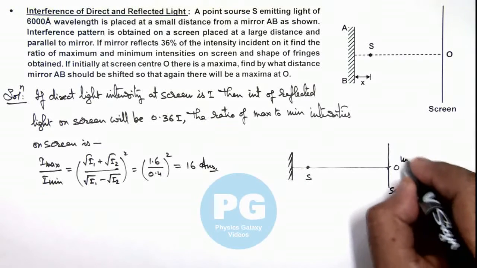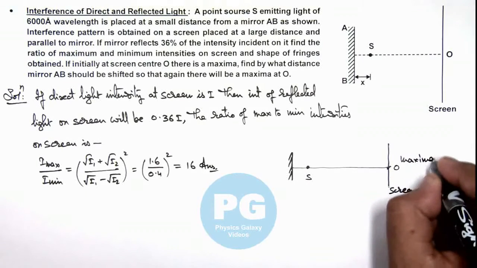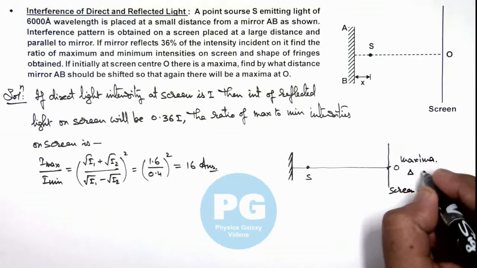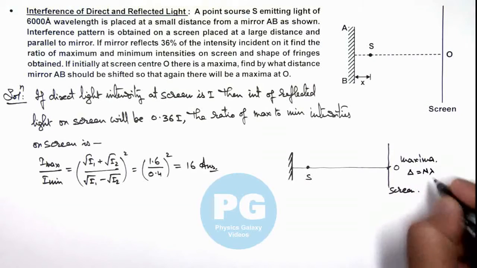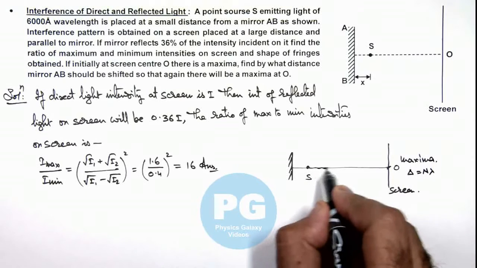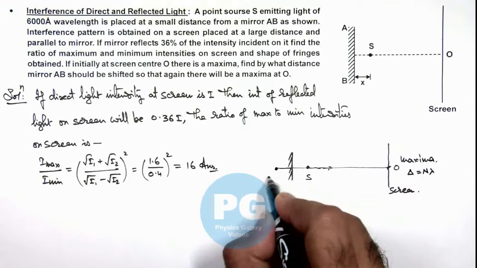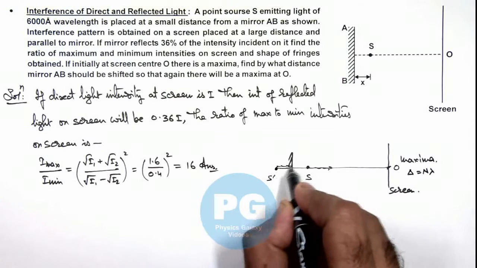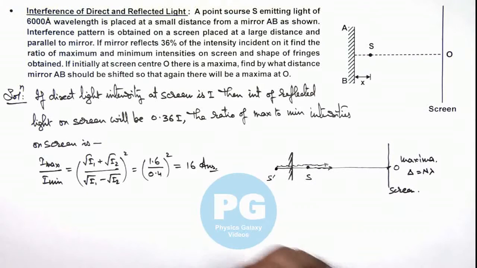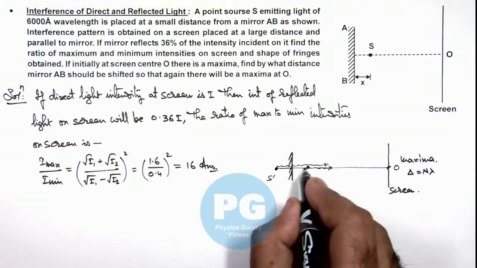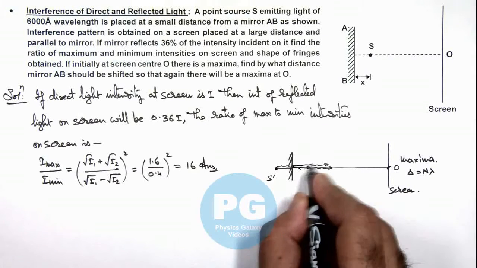For this to be a maxima, the path difference must be equal to n lambda. One light goes directly to O and the other is reflected and appears to be coming from the image of the source. You can see this is reflected and going back.